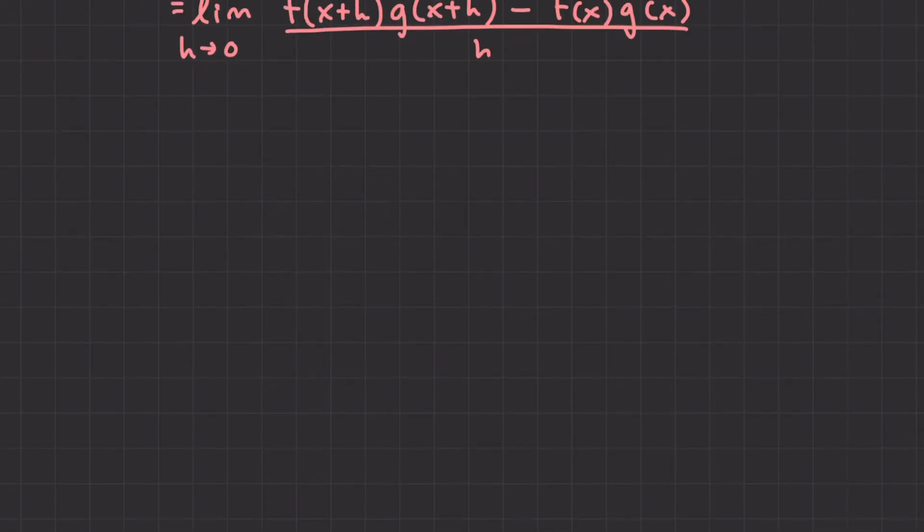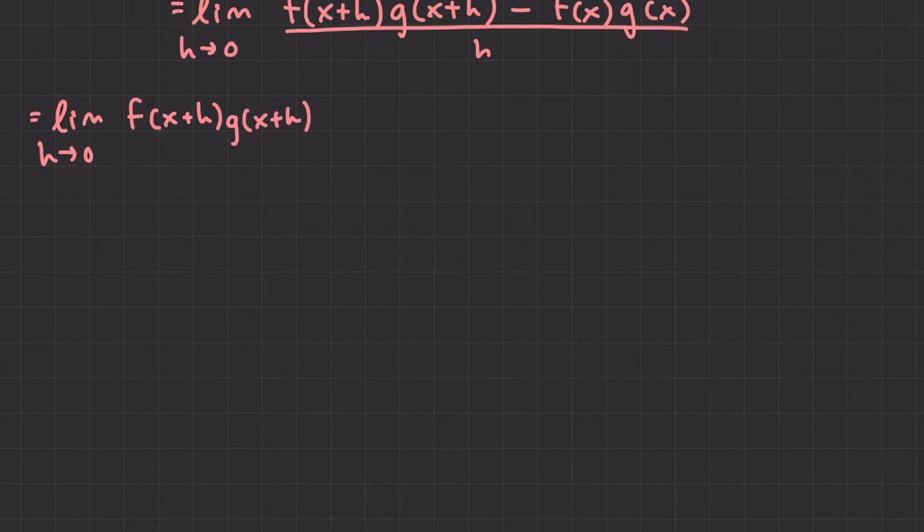So what I'm going to do is start writing my limit all the way to the left over here to give me a little bit of extra room. So this is the limit as h approaches 0 of, I've got f of x plus h times g of x plus h.